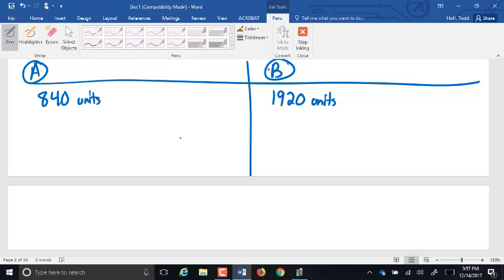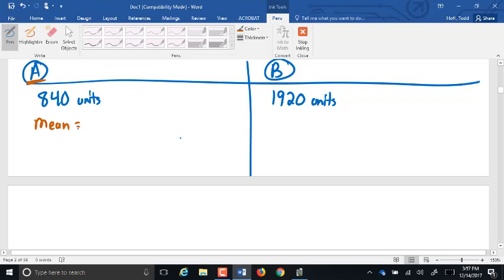Let's say that for everybody working in the same department as employee A, the mean production was 1,450 units. The standard deviation was 200 units.